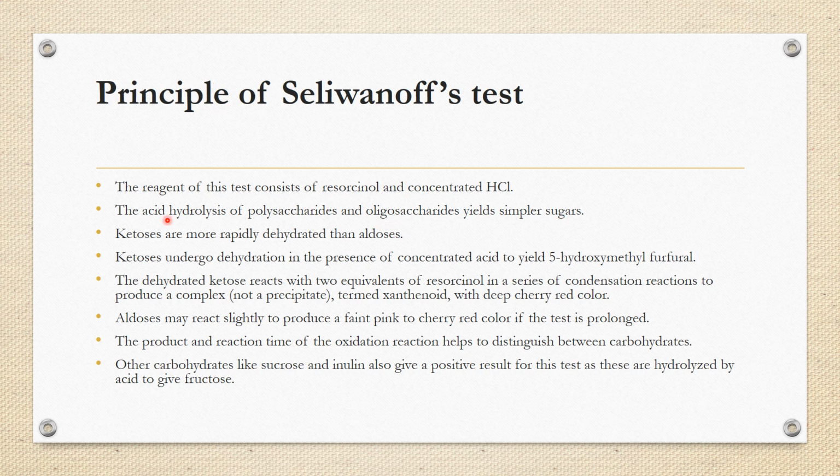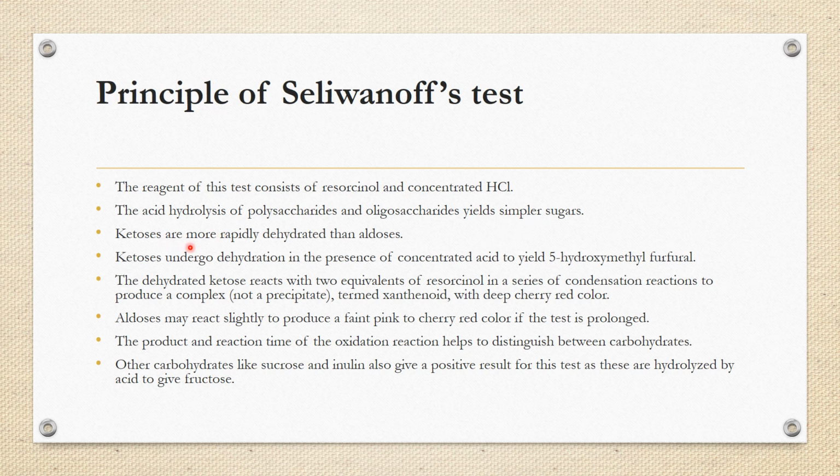As you know, polysaccharides and oligosaccharides consist of several molecules of monosaccharides, so the concentrated hydrochloric acid will hydrolyze them to yield simpler sugars. These simpler sugars can be ketoses or aldoses.